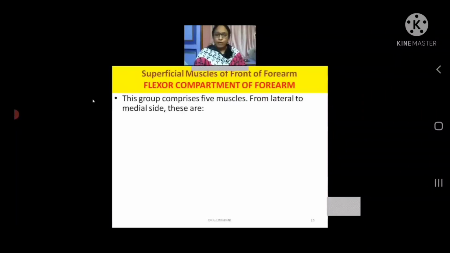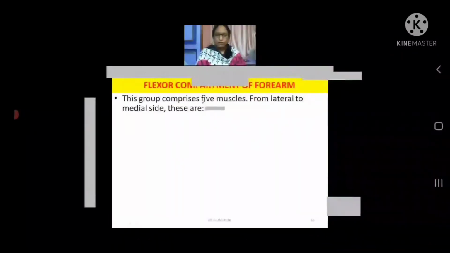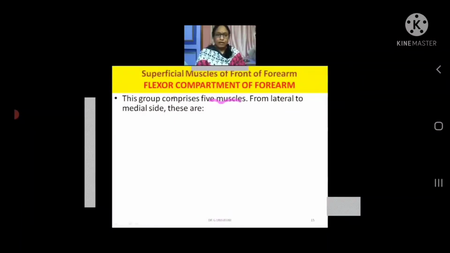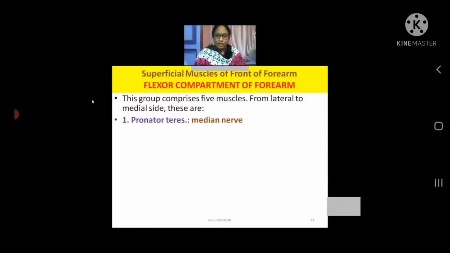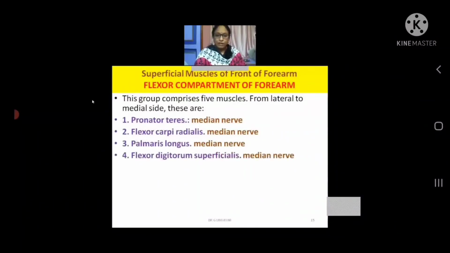This group contains 5 muscles, and these 5 muscles are named from lateral to medial: pronator teres, flexor carpi radialis, palmaris longus, flexor digitorum superficialis, and flexor carpi ulnaris.